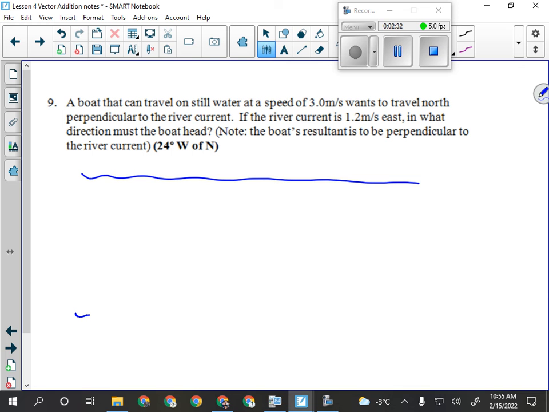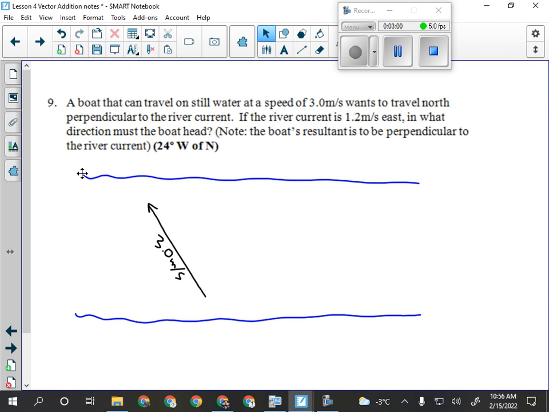The weird thing about a going across the river question is that the resultant is not the hypotenuse. It's basically the only time that can happen. What we have is the rowing speed of the boat. It says on still water it can go 3 meters per second, so you can row 3 meters per second. Since you're rowing into the current, the current works against you a little bit.